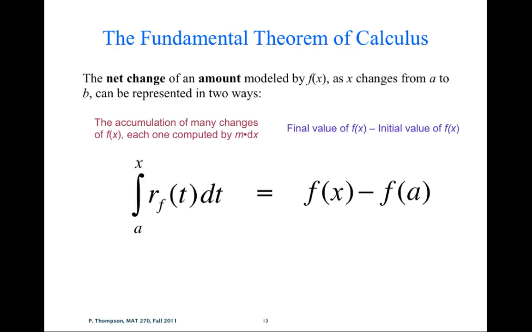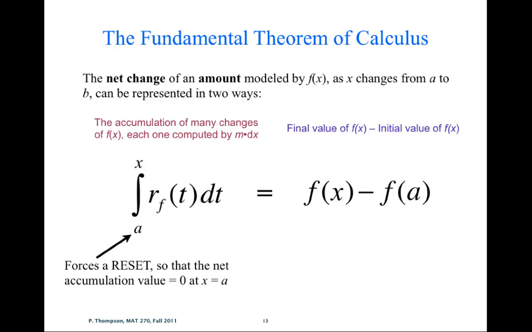And so we dealt with it as a function, right? That final x we were talking about can vary, so then it's a function. The net change is a function of where you stop accumulating, meaning our value x. By starting an integral at a, it forces a reset. So the net accumulation value is always 0 at x equals a.